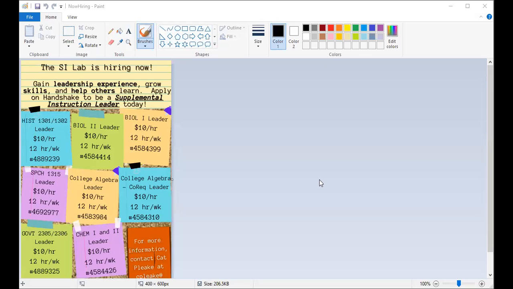Before we do that, I do have a message for people. The Academic Learning Center, a program they started a few years back now, has supplemental instruction leaders, SIs.